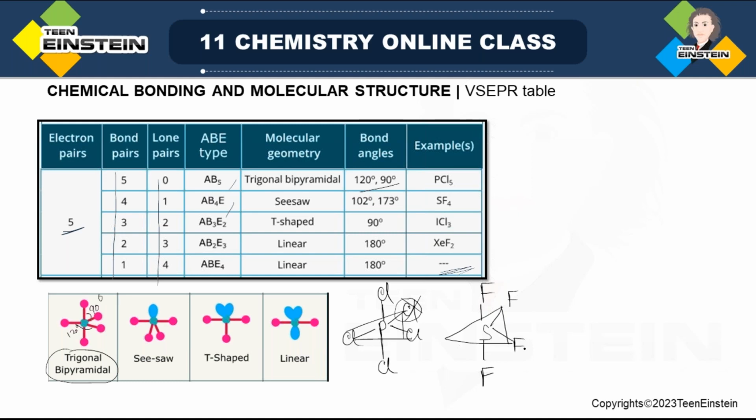So in SF4, one position is not there, but instead there will be a lone pair. And remember, the lone pair, as it takes more space compared to a bond pair, will always be in the equatorial position. You cannot place the lone pair in the axial position instead of writing F. No, that is not correct.